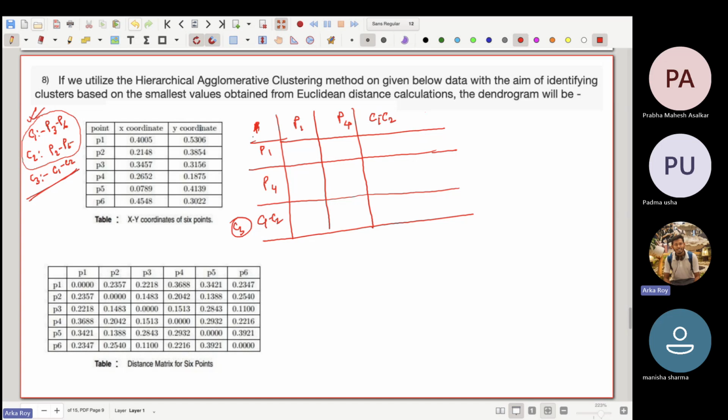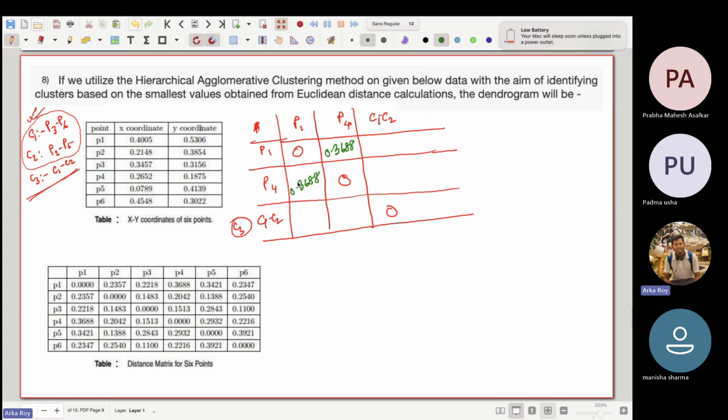Now P1 से लेके P1 का distance, all the on diagonal elements will be 0, and we have to think about the off diagonal elements. So for the off diagonal element, I can write that P1 से लेके P4 का distance is 0.3688.